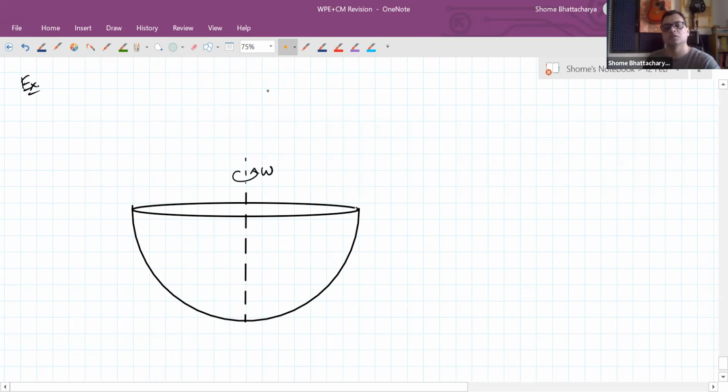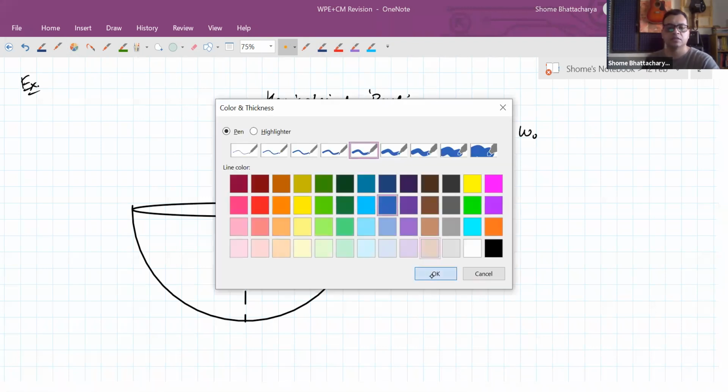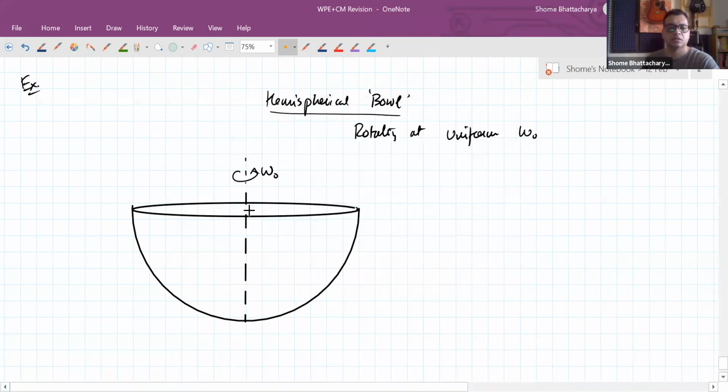So this is, let's say, a hemispherical surface. It's a hemispherical bowl rotating at uniform angular speed, omega naught, as you can see. Okay. Now inside this, what we are observing is that there is a particle which is at an angular position like this.